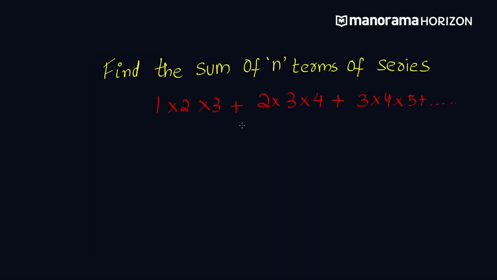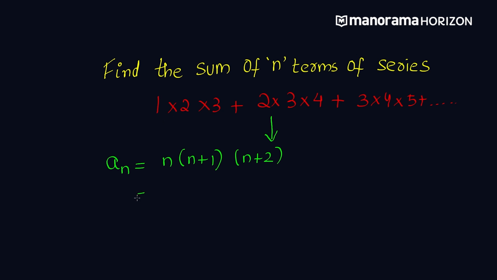The question is: find the sum of n terms of the series 1 into 2 into 3 plus 2 into 3 into 4 plus 3 into 4 into 5, etc. This series we can write in another way. The nth term will be n into n plus 1 into n plus 2, because 1 into 2 into 3 is n into n plus 1 into n plus 2.